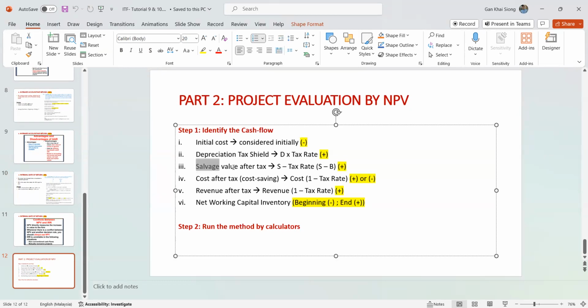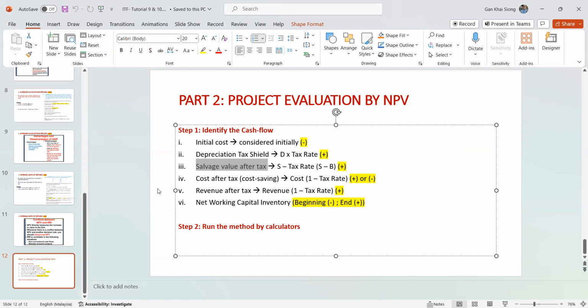Now, the next one is salvage value after tax. What is salvage value? Salvage value means residual value. That means after you sell off an asset at the end of its life, you get some residual value. But of course, when you earn something, you still have to pay taxes as well. So we need to adjust for taxes.